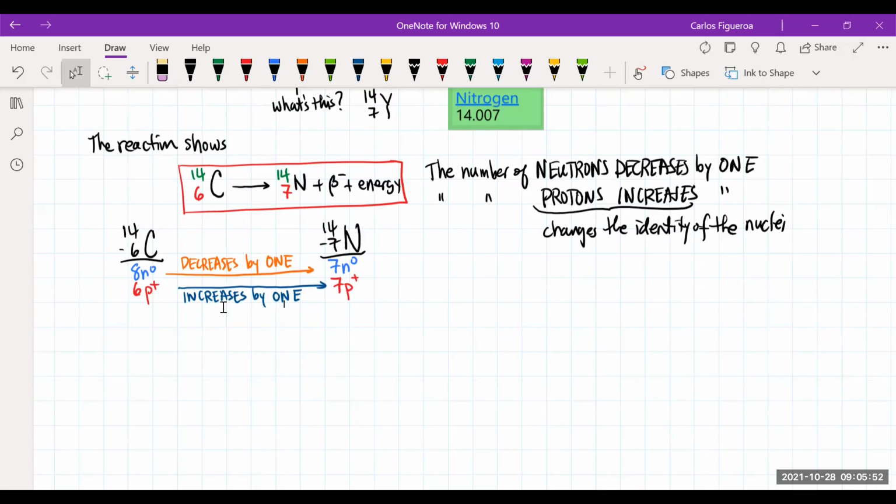Okay. So what I got to do here is that let's do counting. Okay. So I'm going to try to count. Okay. So here's my nuclei now. And what do I have? I have 6 protons. Let's draw 6 protons in here. So I'm going to go 1, 2, 3, 4, 5, 6. So these are my protons here.